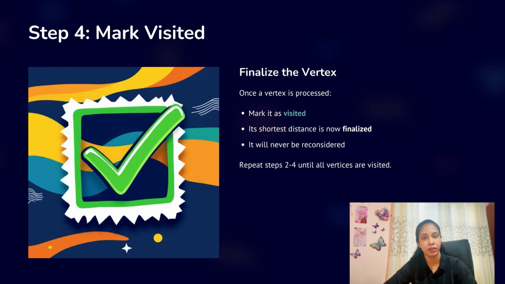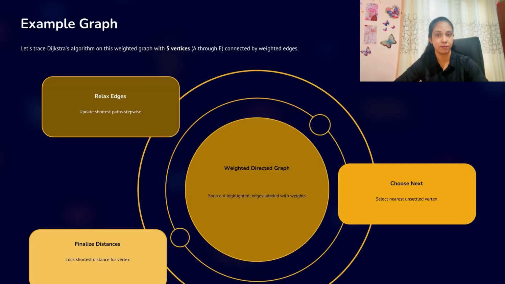Then example graph. Let's understand this with an example graph. We have 5 vertices: A, B, C, D, E. Vertex A is the source.